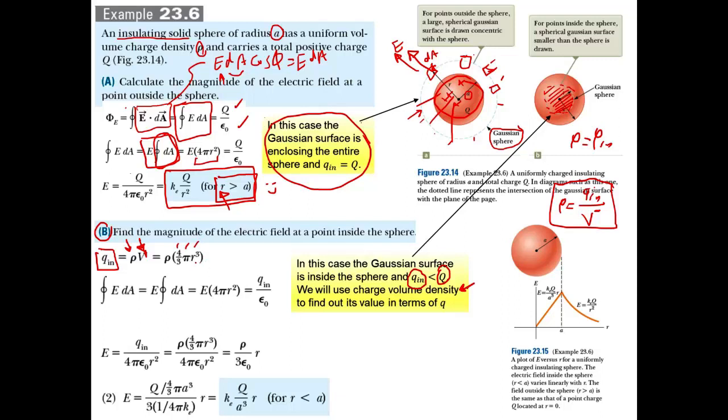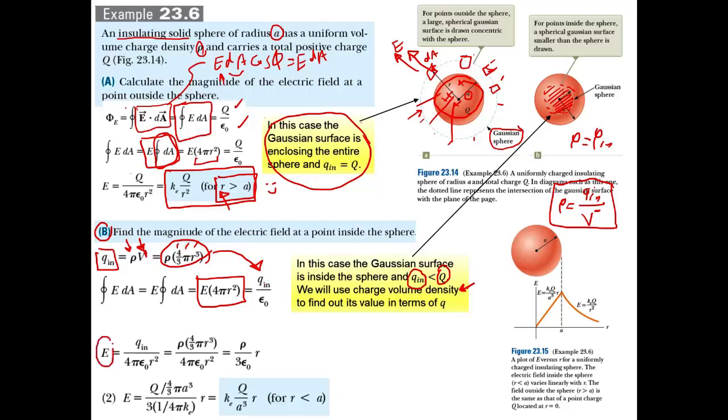Remember, I use r cubed, I didn't use a, because we are speaking about the Gaussian sphere. So very simple. Now we bring this and plug it into the right-hand side of the equation. The left-hand side of the equation is similar to the previous case. This is easy peasy. So when you substitute Q in into the Gaussian surface, we simply have this equation.